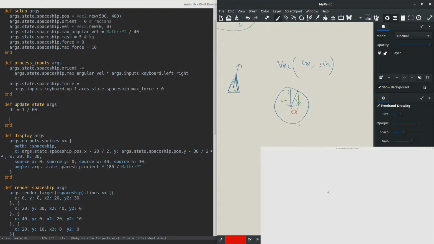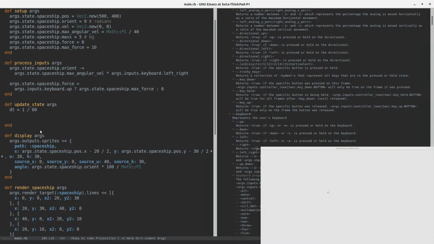By doing that, we can multiply that by whatever force magnitude we have, and then we'll get a vector that has that amount of force in that direction. So we'll take args.state.spaceship.orient, and we'll take the orientation vector.